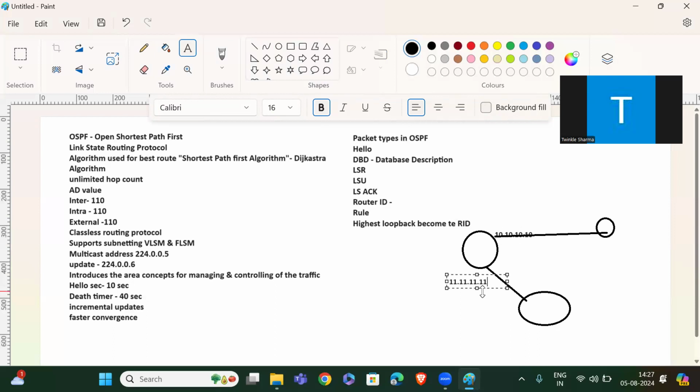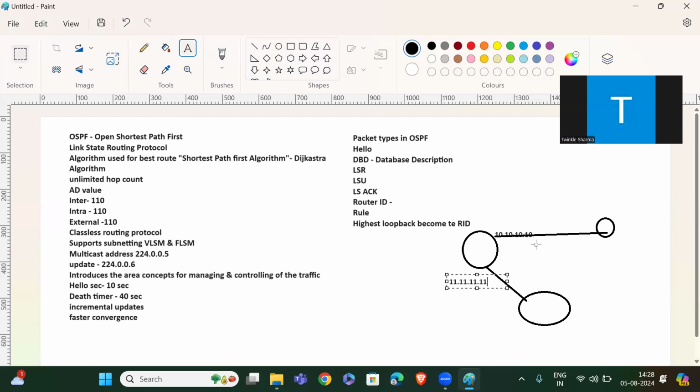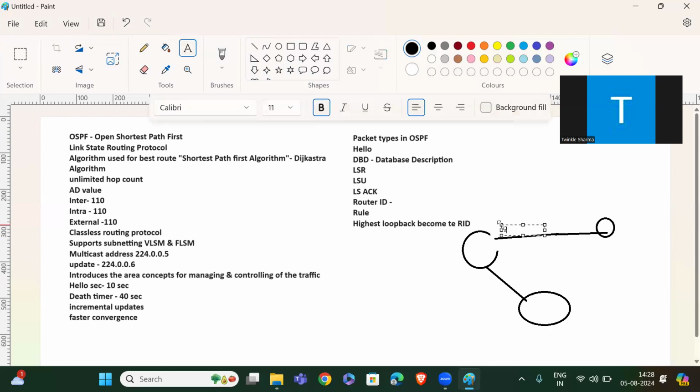If we don't have the loopback ID, then we have this IP address 200.0.0.1, and here I have 199.0.0.1.